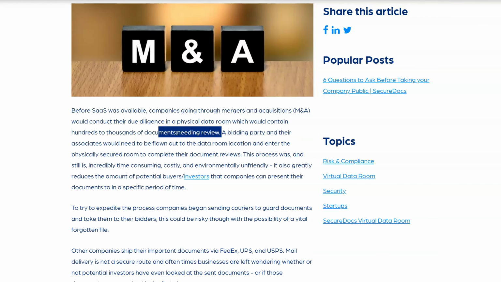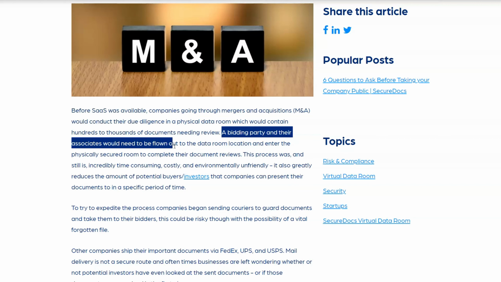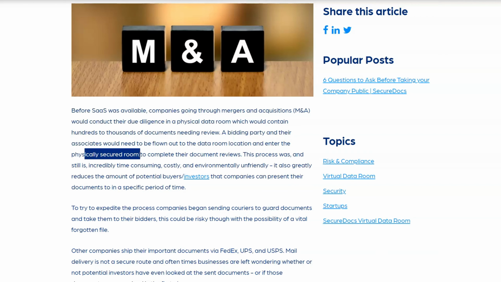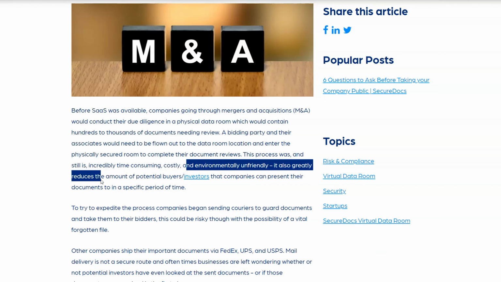A bidding party and their associates would need to be flown out to the data room's location to complete their document review. This process was, and still is, incredibly time consuming, costly, and environmentally unfriendly. It also greatly reduces the amount of potential buyers.